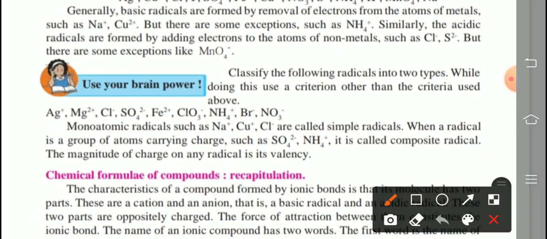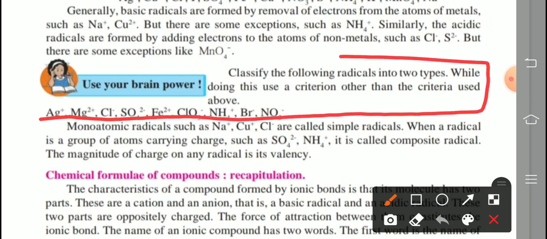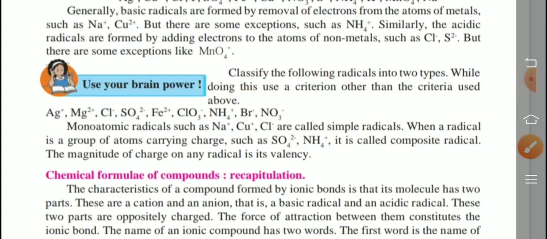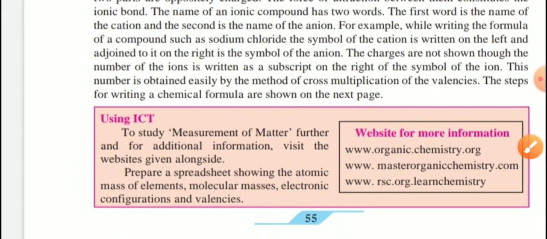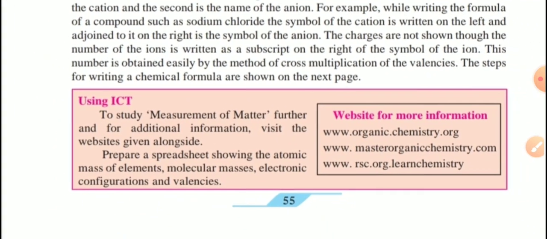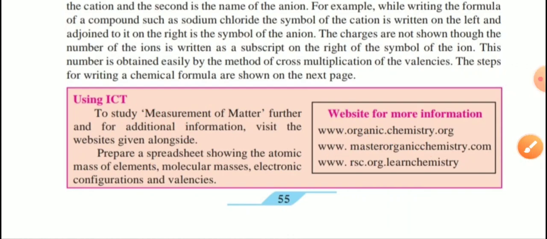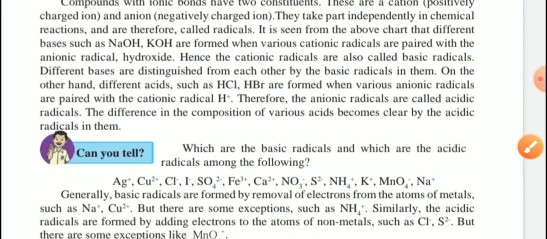This part is also omitted here. Clear? This part is also omitted. Next one. And the last box that is given here, this box is also omitted. As per your own interest, you read this information. Now see there what is given.